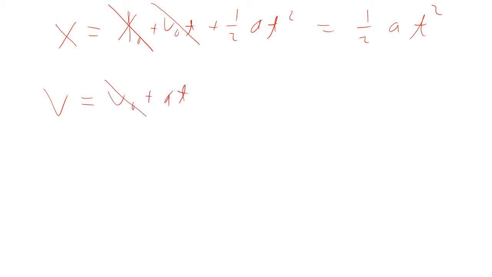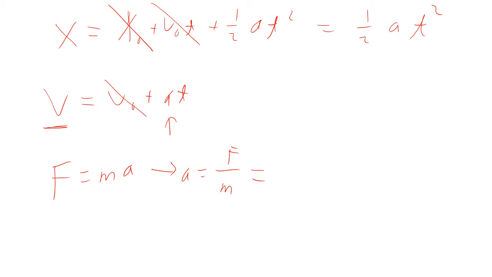We know how fast it's moving when it takes off, so we need to know a now. Well, we know F equals ma, so a is going to be F over m.